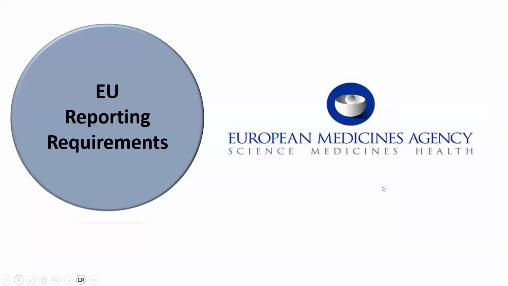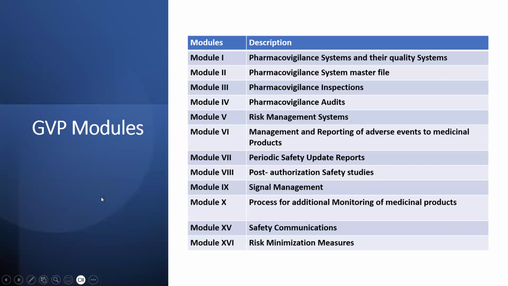Moving to the EU timelines or EU reporting requirements. So when we are saying EU reporting requirements, what are those? There are GVP modules in the EU region, and these modules have certain descriptions.